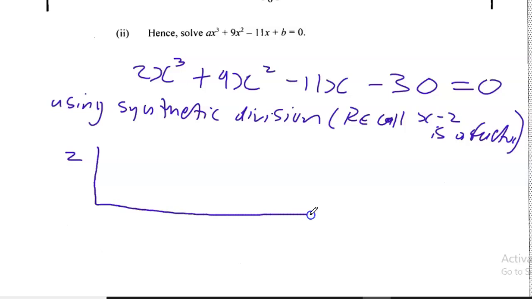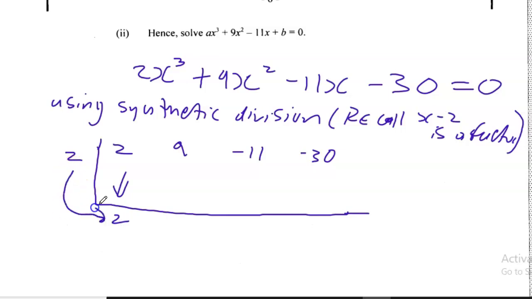So I'll put the coefficients of the polynomial, which would be 2, 9, minus 11, minus 30. Alright, so I bring down the first value 2, and I say 2 times 2, that gives me 4. So 4 plus 9, that's 13.